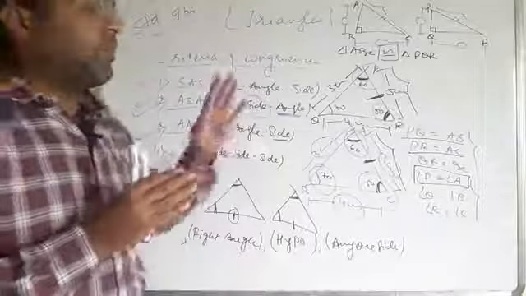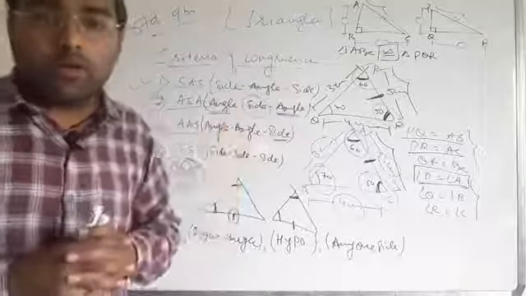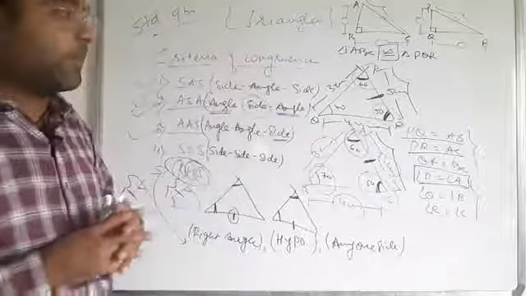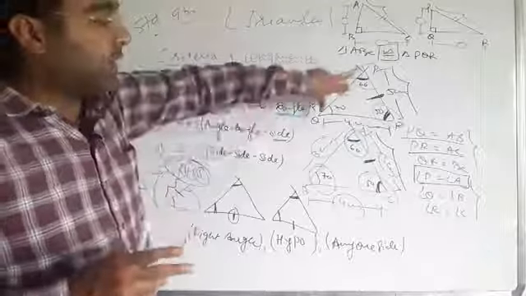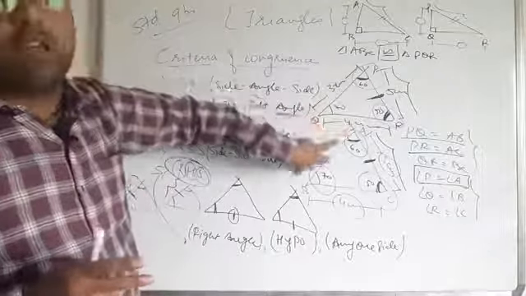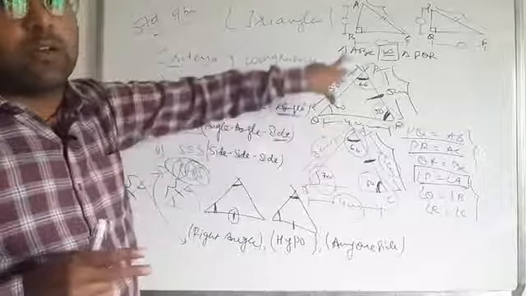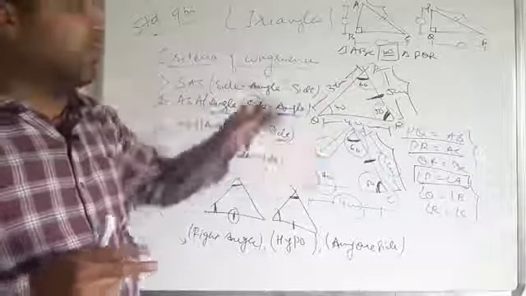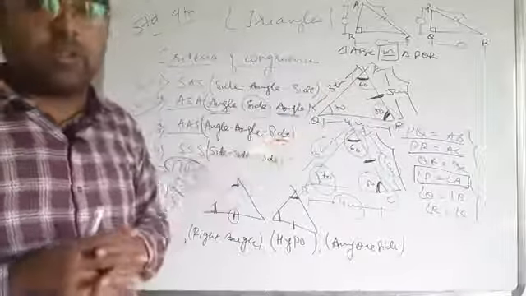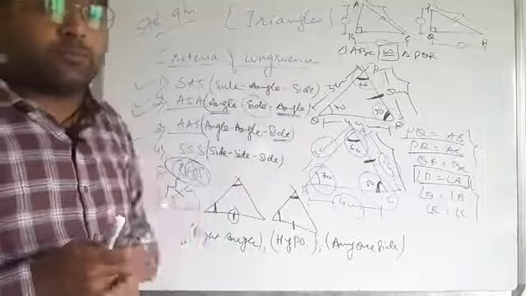Corresponding parts means if I take PQ, then I must take AB as its corresponding side, that is, the equal sides.